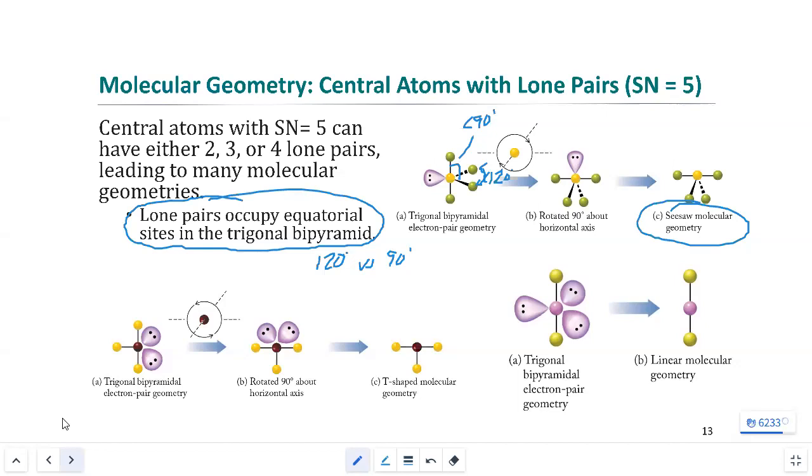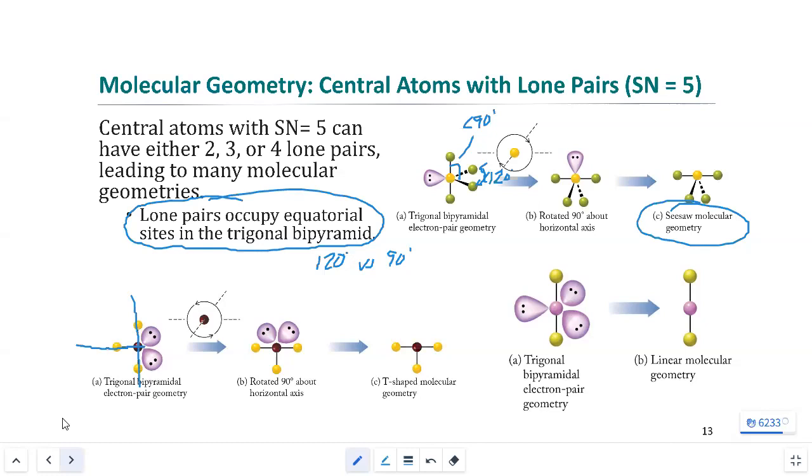If I have 2 lone pairs, again, both of them going into equatorial positions, what is left? Is a T. The molecule here is called T-shaped because all that is left is the linear position and one equatorial position that is exactly 90 degrees in the middle.